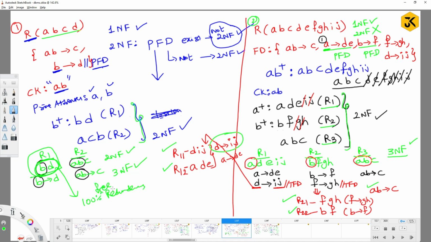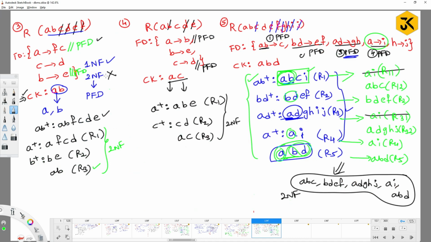This is an important one. So we can say directly that it is in BCNF also. BCNF is the next level of normal form I am going to discuss, which is completely free from redundancy. Okay, fine.